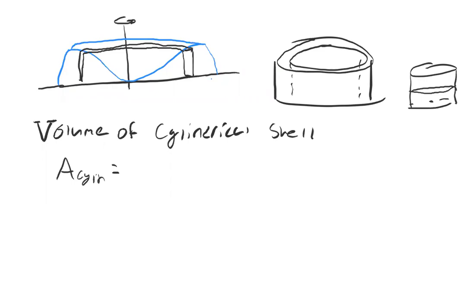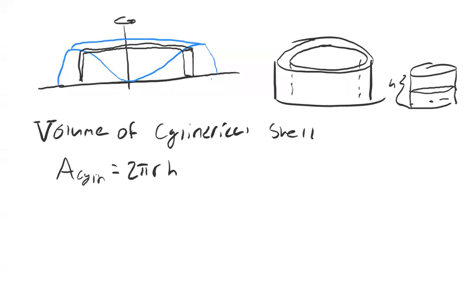So what I can do is take the length of this thing, 2 pi r, and then multiply it by the height to get the area. Just like we could take an area times a length and get a volume, here I can take a length times a length and get an area. So length squared is, of course, area. The area of the cylinder is 2 pi r h.